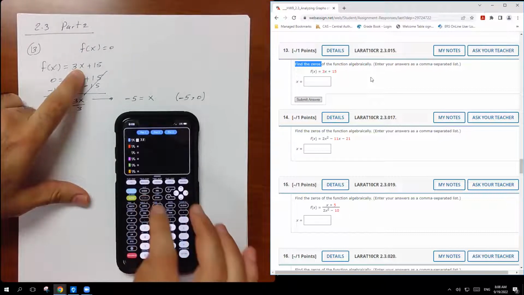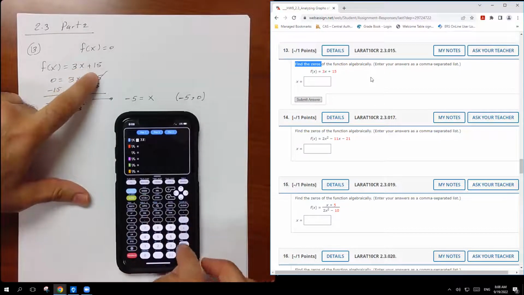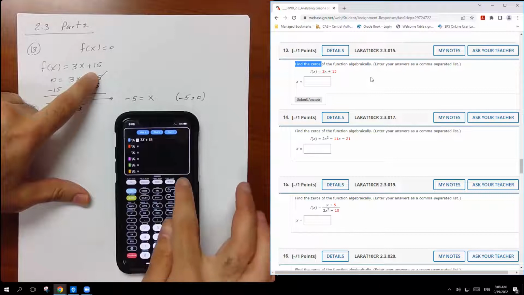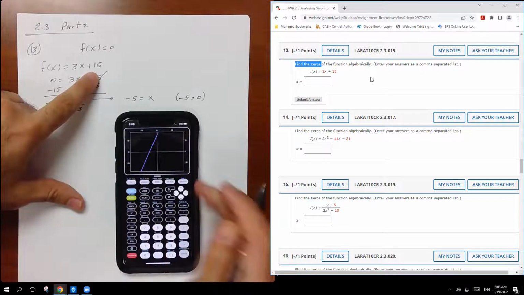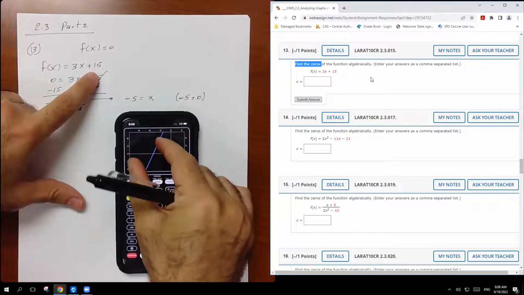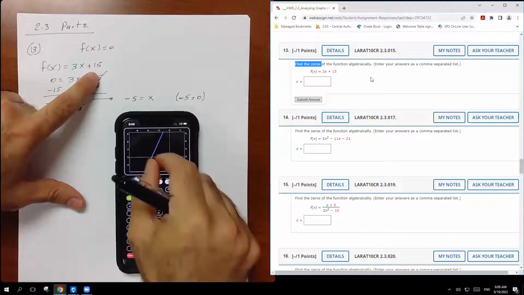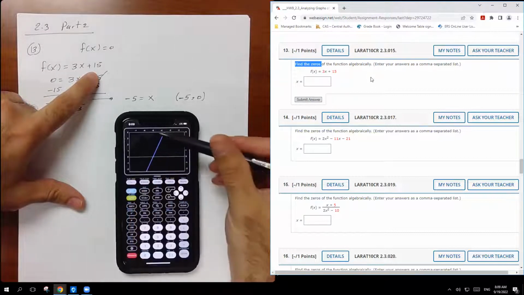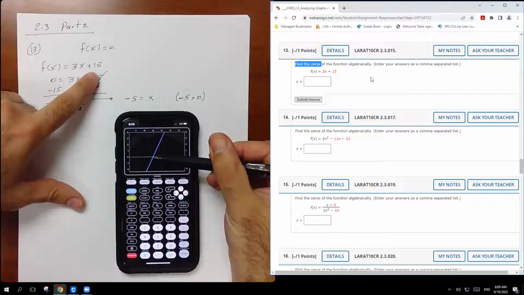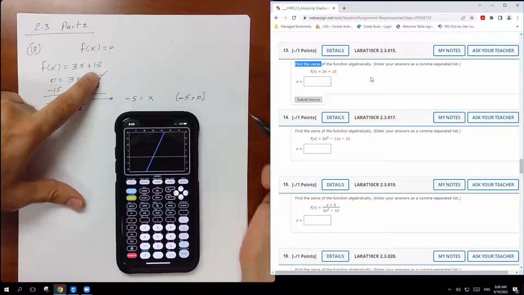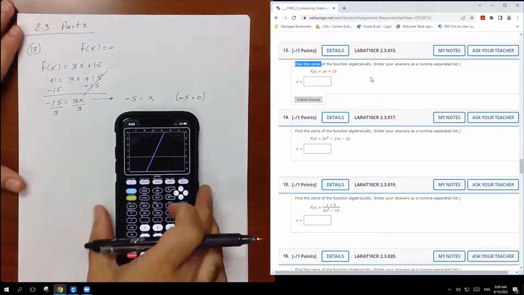That means y equals 3x plus 15. When I graph it, the graph intersects the x-axis at the point, you see the point? Negative 5, 0. X is negative 5, y is 0. This is called the zeros of the graph.